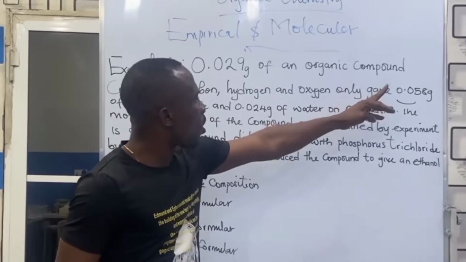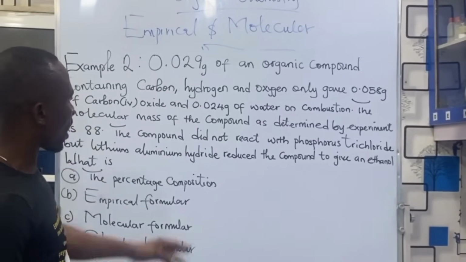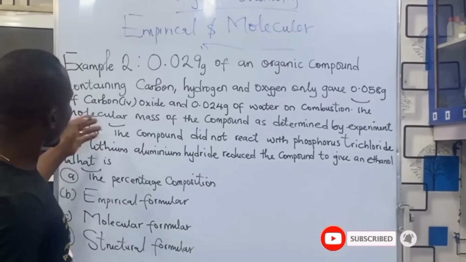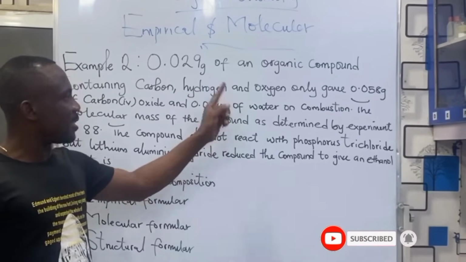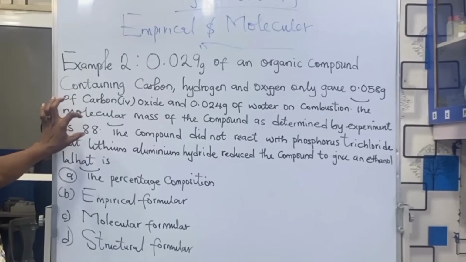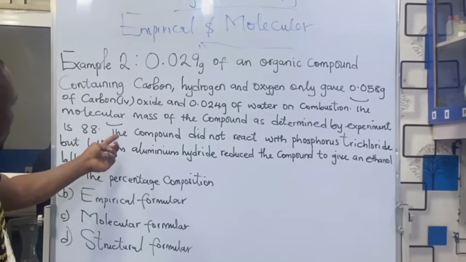It gave 0.058 grams of carbon dioxide and 0.024 grams of water on combustion. The molecular mass of the compound as determined by experiment is 88. That is the molecular weight of the compound.